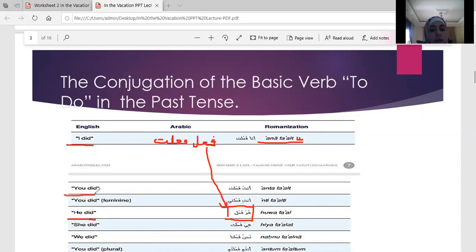Alex, you did. You did. أنت فعلت. Let me add it like this. فعلت. So you start with فعل, and the difference here is فعلت with Dhamma, if you know it, and فعلت with this fatha to pronounce it. Mia, you did as a feminine. Not she, you, Mia.